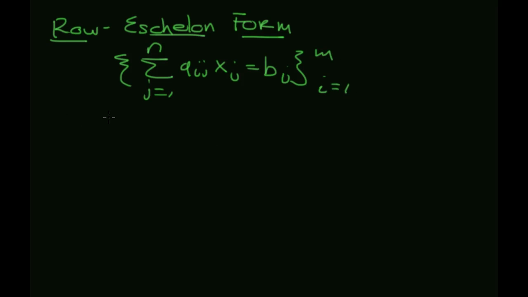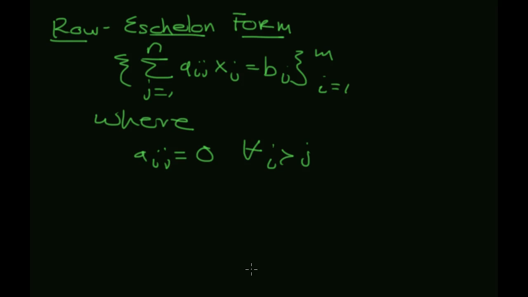So this is a system of equations where a_ij is equal to 0 for all i greater than j.